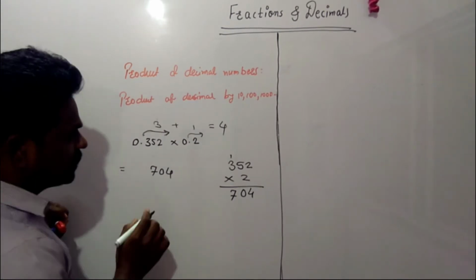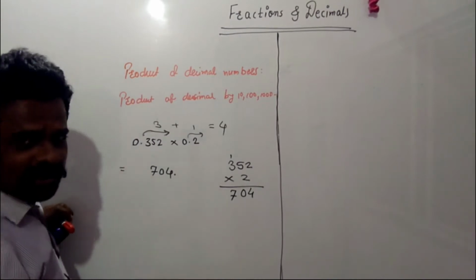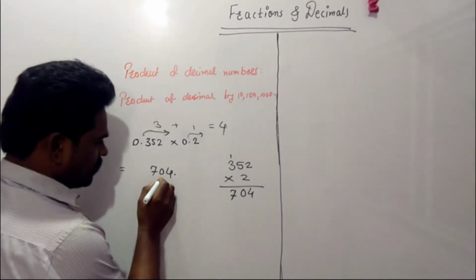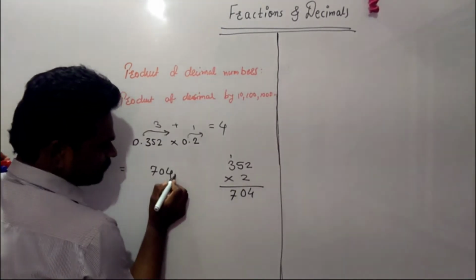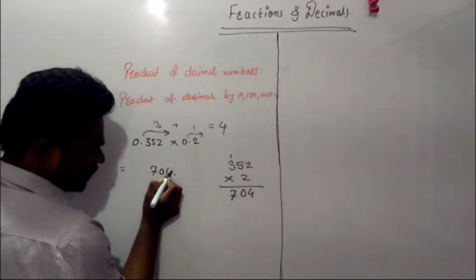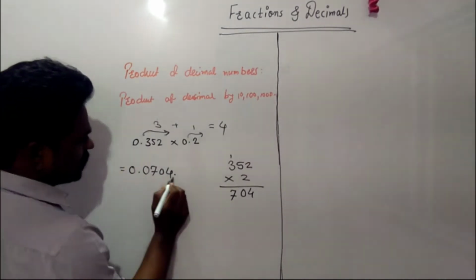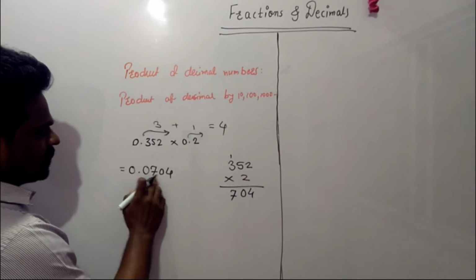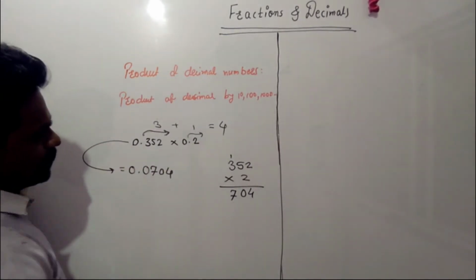So we need to shift our decimal point. If the decimal point is not there in a number, it is after the last digit. We have to shift it by 4 digits: 1 digit, 2 digit, 3 digit and 4th digit. This is your answer, 0.0704, the answer of 0.352 into 0.2.